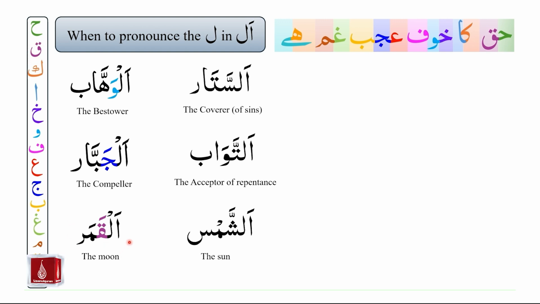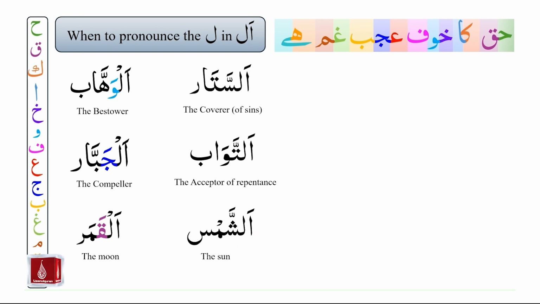So in Al-Qamar, we will be pronouncing the lam. In Ash-Shams, we will not be pronouncing the lam here because sheen, the alphabet following the lam, is not present in haq ka khauf ajab gham hai. So in this case, we will say Ash-Shams rather than saying Al-Shams.